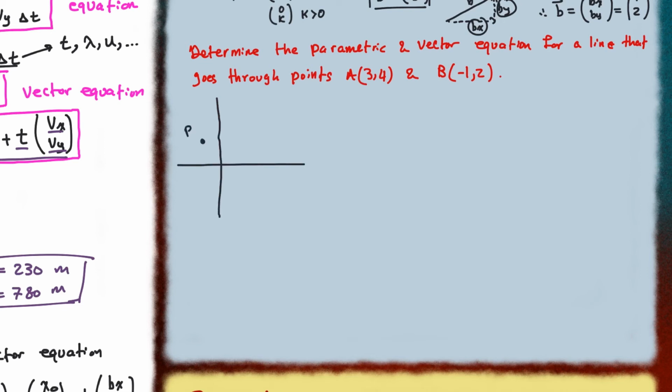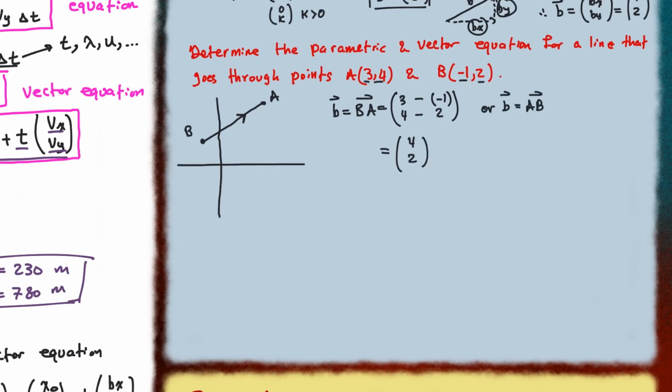Point A is going to have coordinates of 3 and 4, and B is going to have -1 and 2. And we're going to have a direction vector. It doesn't really matter if we go from B to A or A to B. So our direction vector could be BA, and that means we're going to take all the coordinates of point A and subtract them by point B. And if we do that, we will get 4 and 2 for our direction vector.